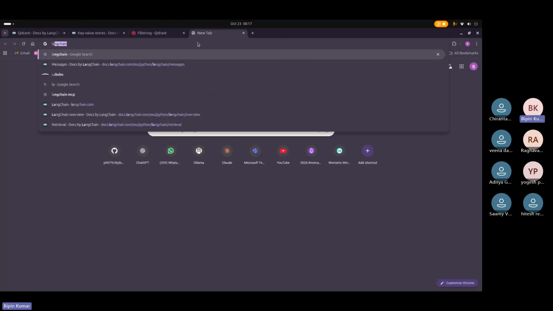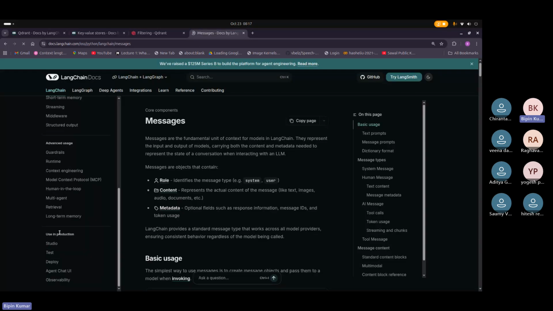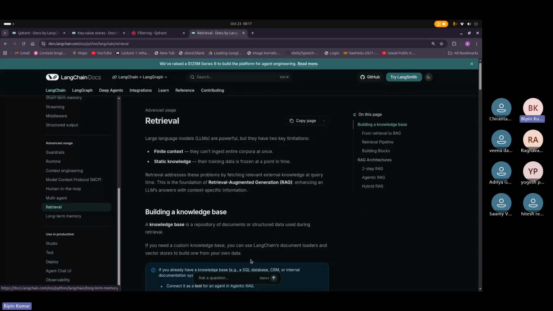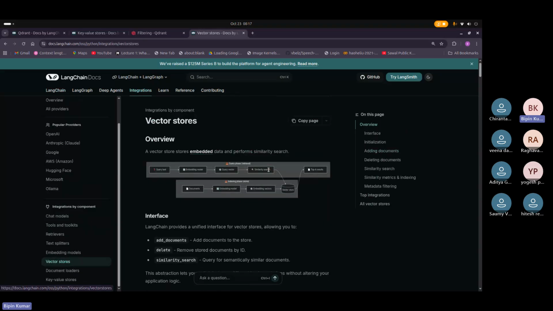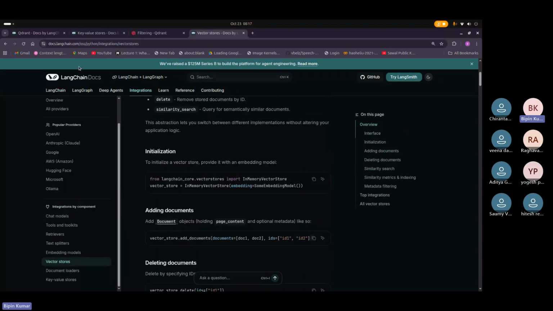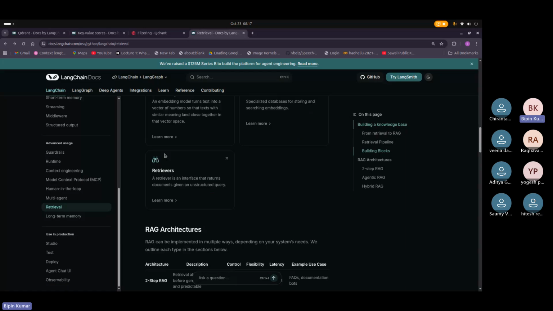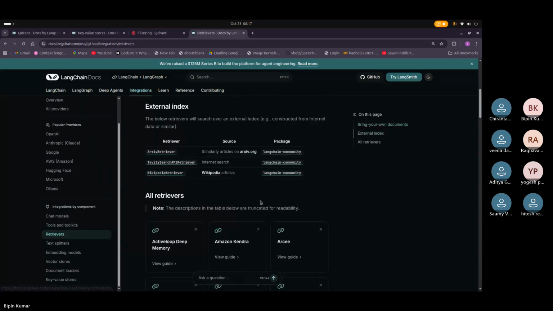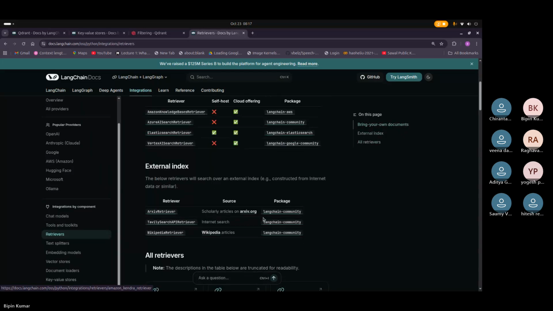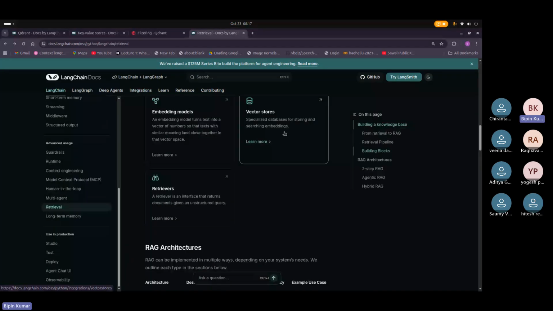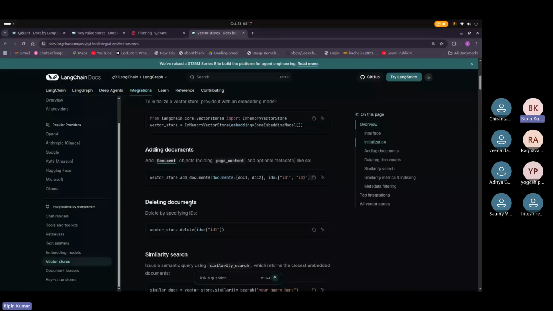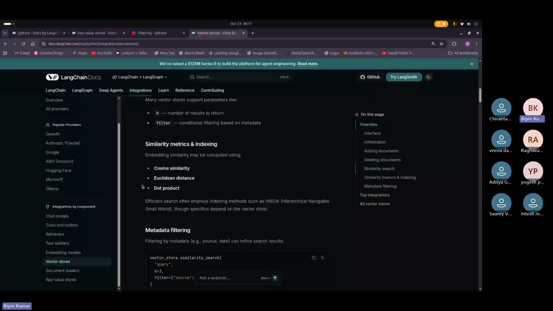If I show you the LangChain document, and I go to retrieval, then vector stores. There you have cosine similarity and Euclidean distance.